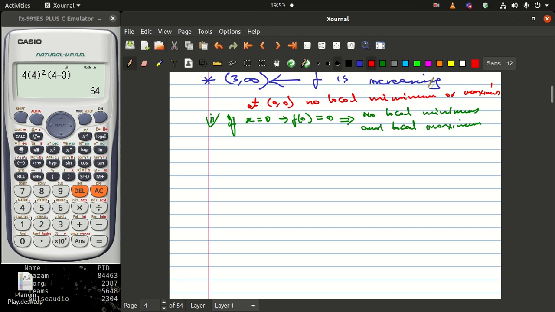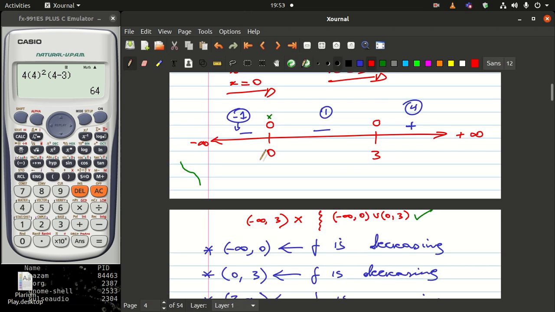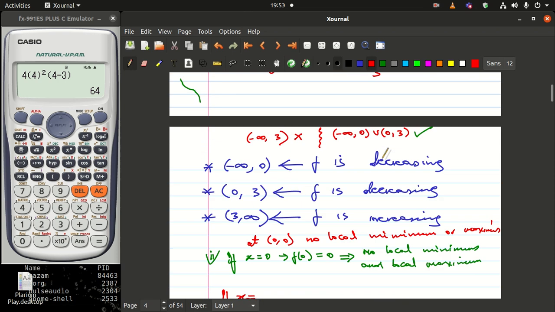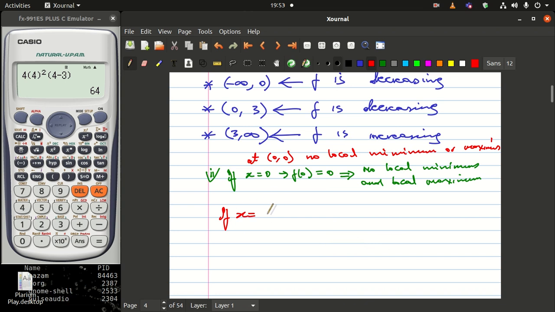And then we look for the second one here. So if our x is equal to, in this particular case, x is equal to 3. What is our f of 3?